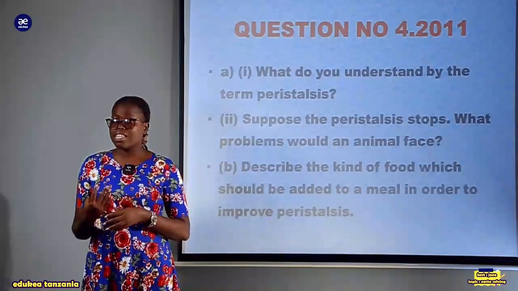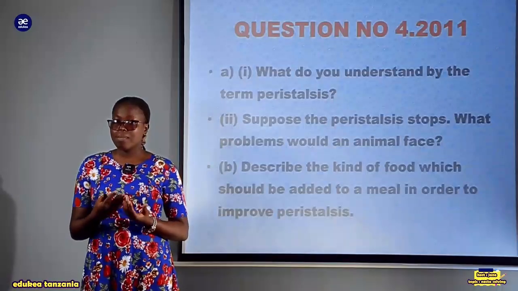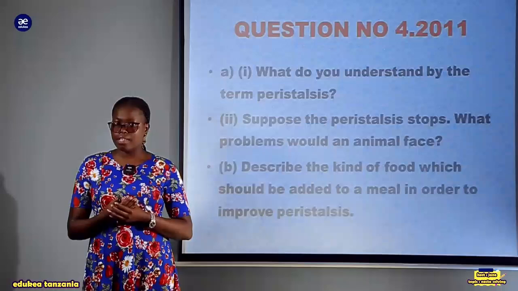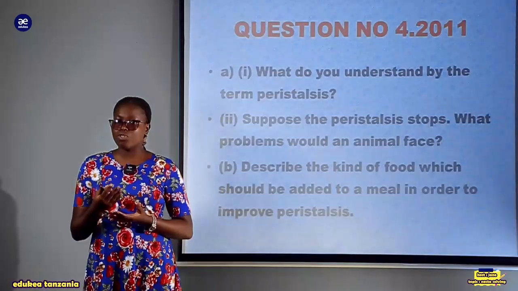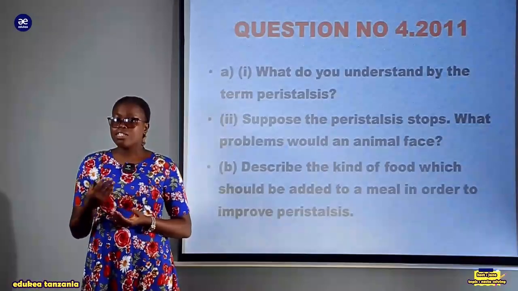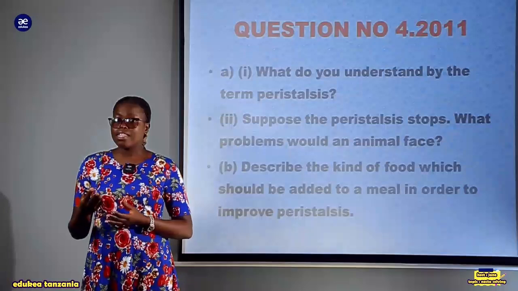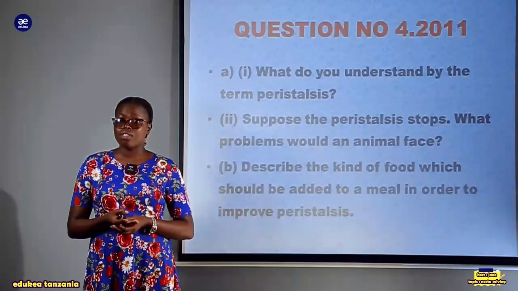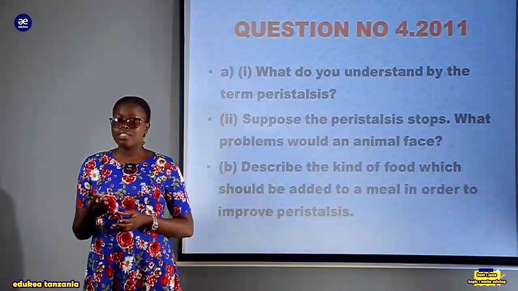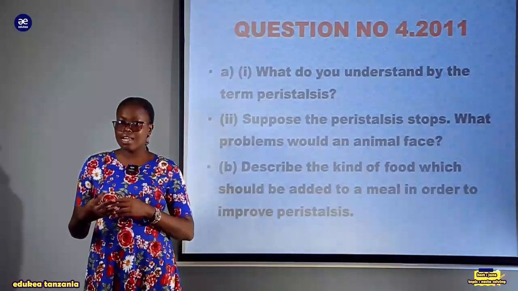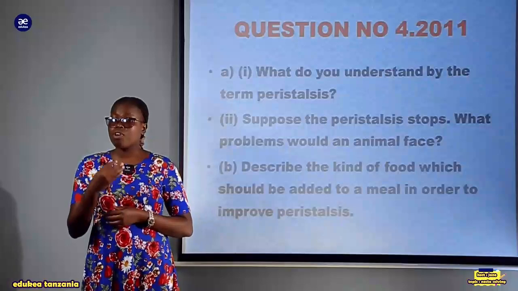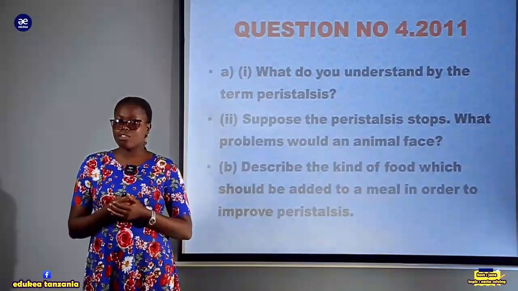Within the esophagus there are muscles. We know that muscles work in pairs, antagonistically, to bring about movement. So in the esophagus there are circular and longitudinal muscles in the gut. These muscles contract and relax to ensure that the food bolus moves across the esophagus to the stomach.